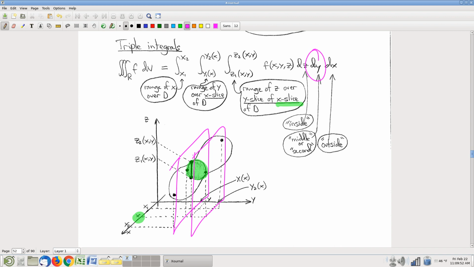I appeal to your geometric intuition. If I take slices perpendicular to the y-axis of a slice that's already been taken perpendicular to the x-axis, we've got something this way, and we're slicing it that way. Those slices actually look like little line segments, like that. And we can talk about where is the first one. I put it over there, y1, and where is the last one?